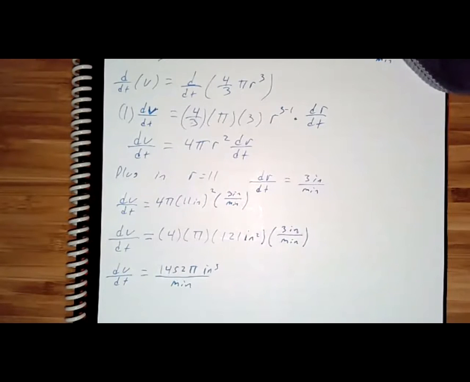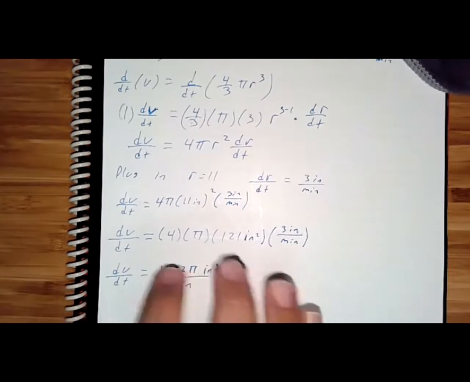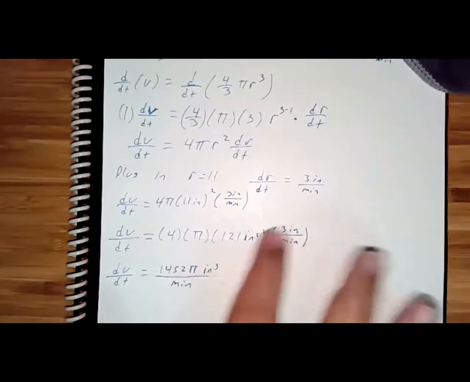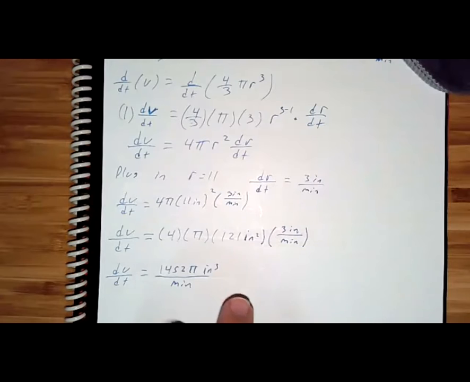I'm a little confused on the 4 pi 11 inches squared part, you went down to 4 times pi times, what is that number? Is that 21 or 121? 121, that's 11 squared. Okay, I see. Yes, that makes sense. How'd you get 1452? I just multiplied 4 times 121 times 3. Oh, okay, gotcha. And I left the pi alone just so it's a little prettier.